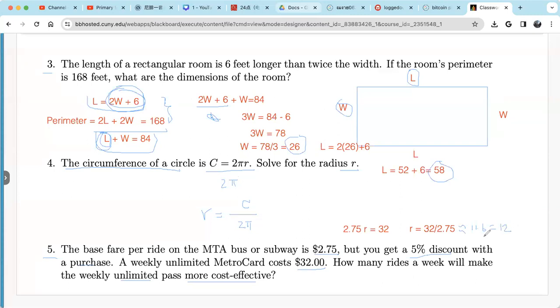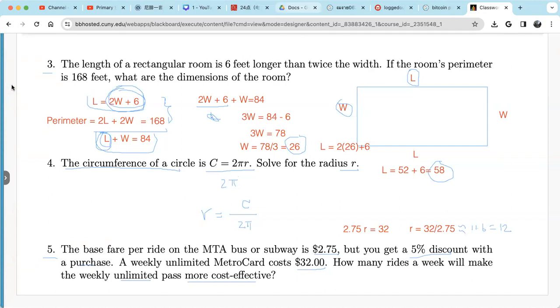Okay, so 12 rides. If we pay $32, $32 covers almost 12 rides. It's a little less than 12 rides. So to make it more effective, that means it has to be 12 or above.